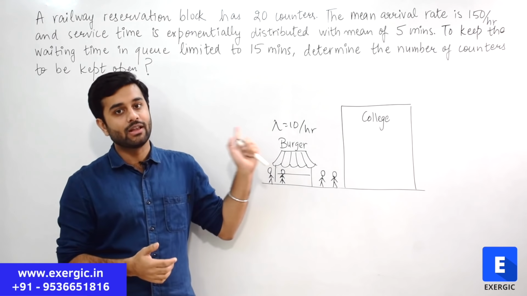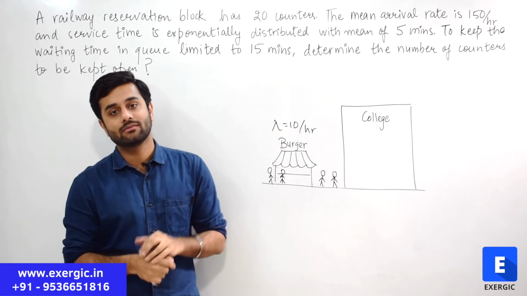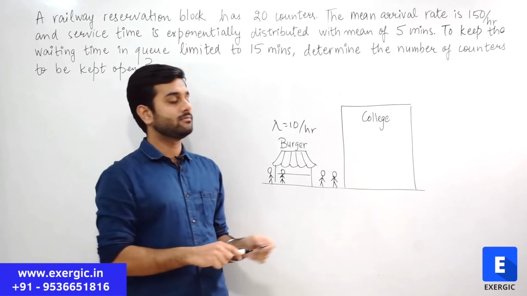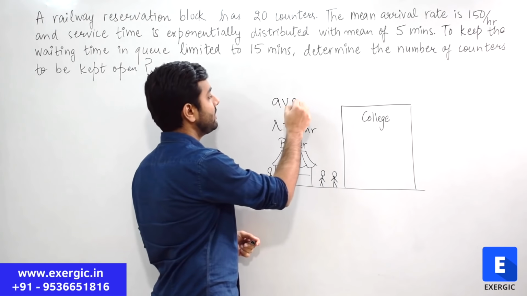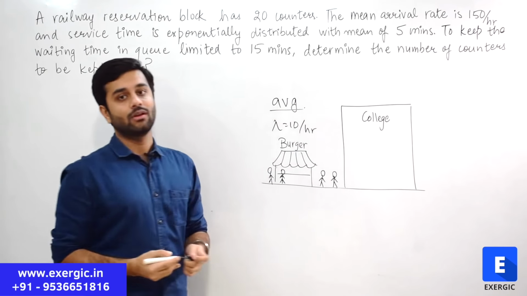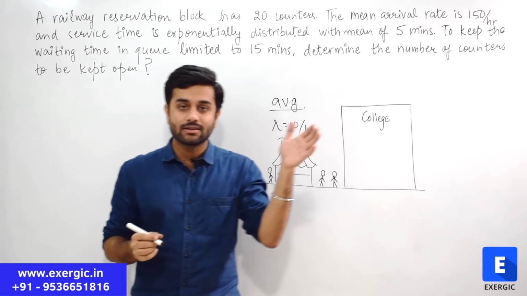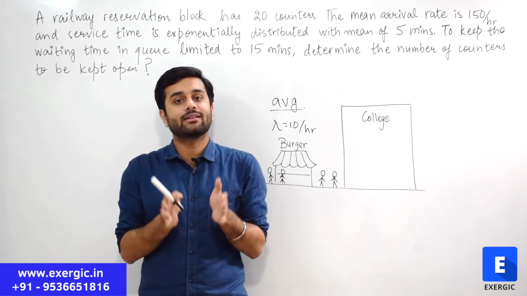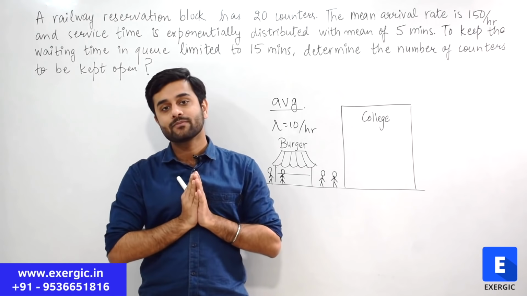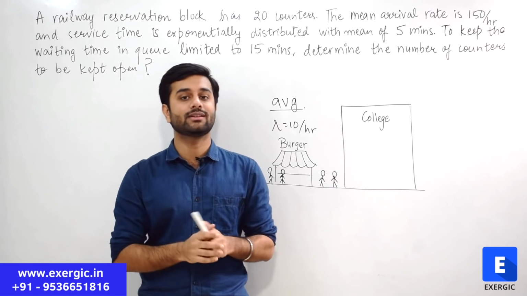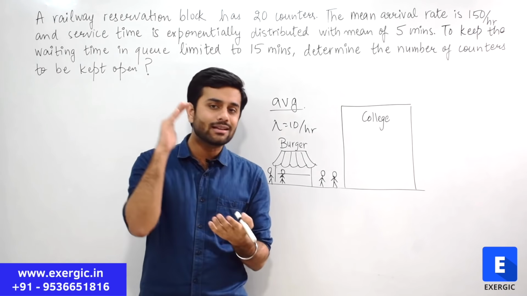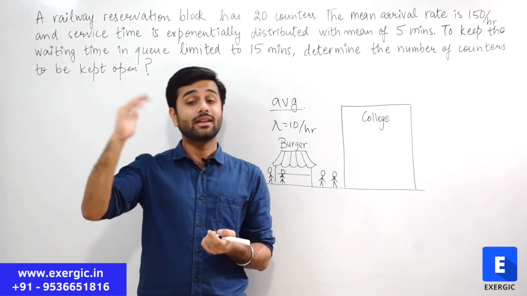The lambda value is 10 per hour, which means on average this number is the mean value of how many customers are coming to get the service. That is not the exact value. The exact value can vary. It can be as low as 0 and it can be much higher than 10 as well.